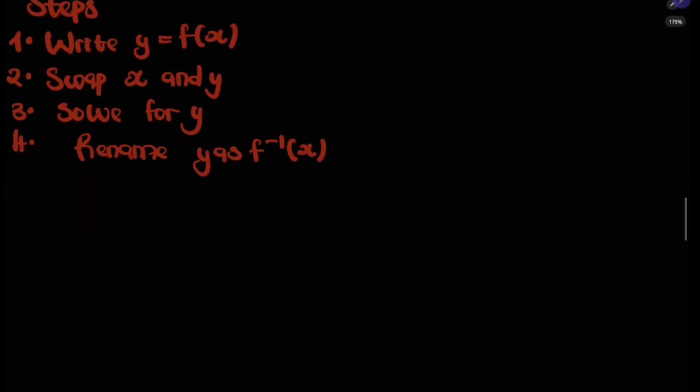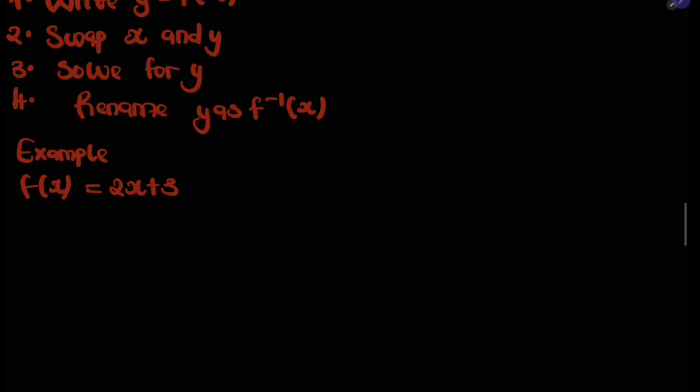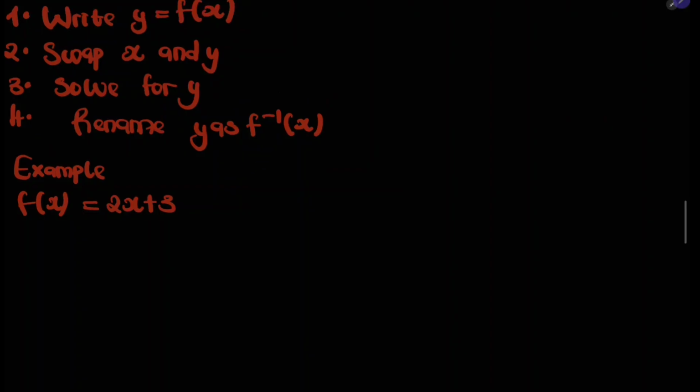Okay, so let's take an example to illustrate this. Let's say f of x is equal to 2x plus 3. So we have our first step. Our first step says write y equal to f of x.